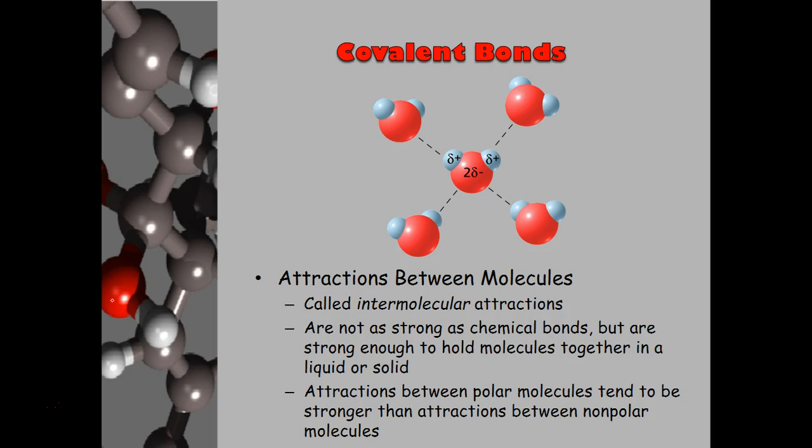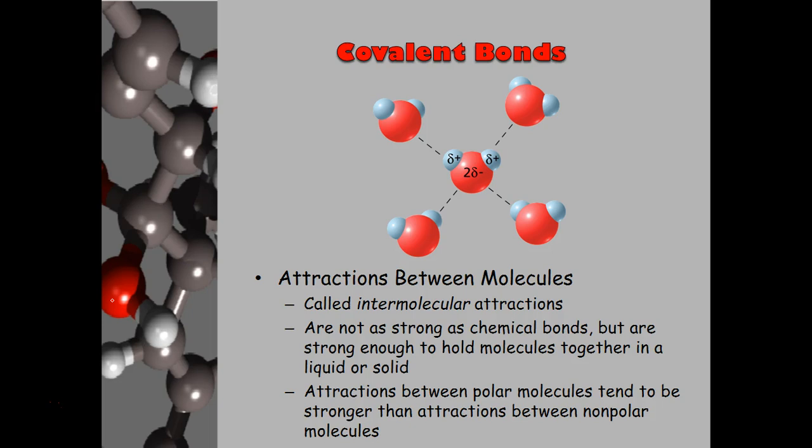Alright, and it's going to become important because those polar molecules are then going to be able to have these additional attractions that happen between their molecules. So just like I have a positive and negative ion with opposite charges and opposite charges attract, I'm going to have that similar attraction going on, but now instead of it being between atoms in a compound, it's going to be between molecules in a substance.